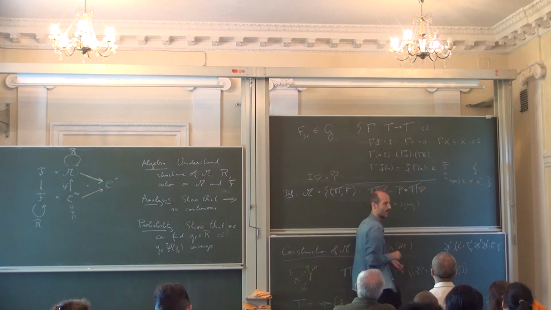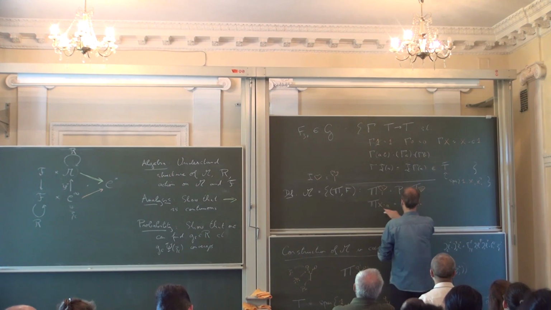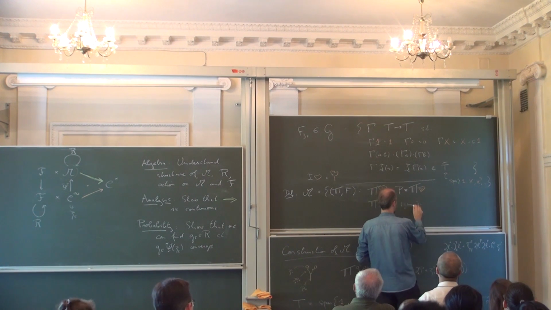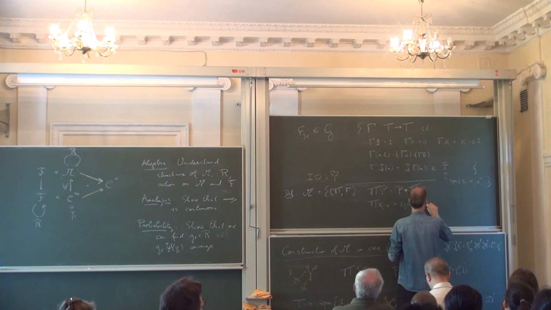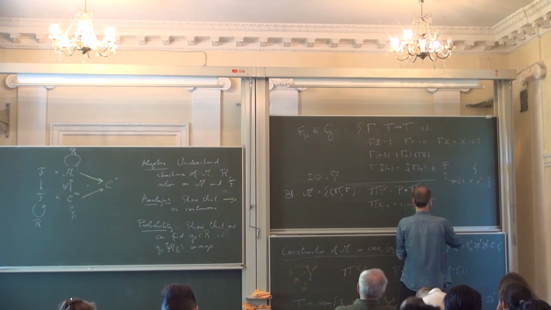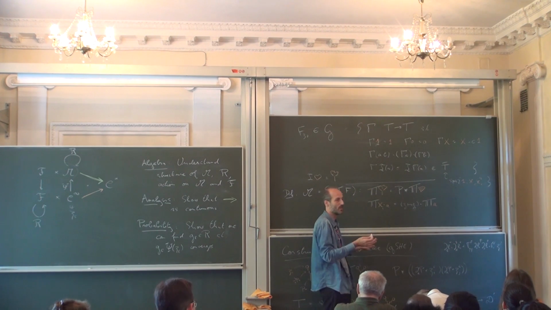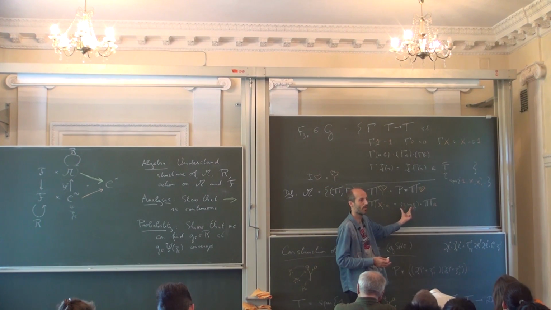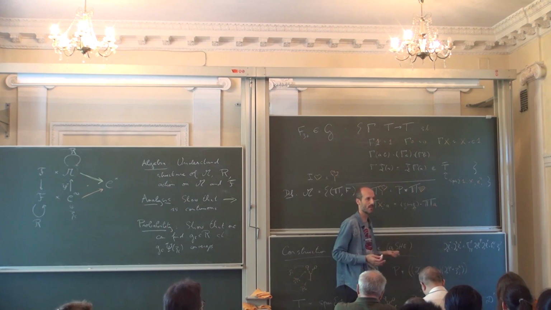So if the map z goes to z times, or actually, if here I have x_i, it would go to the ith component times this, right? And this is well defined for every distribution. Multiplying by a smooth function is well defined for every distribution, right? So this always makes sense.